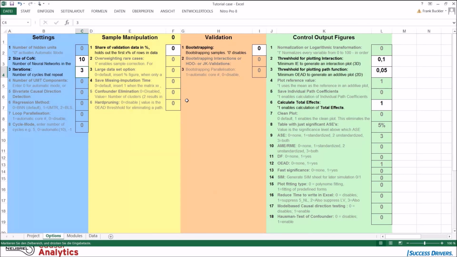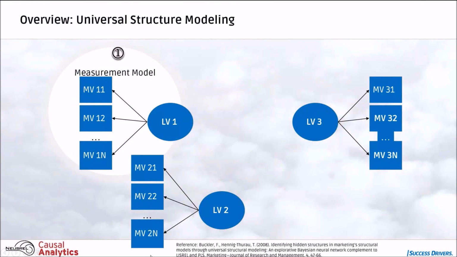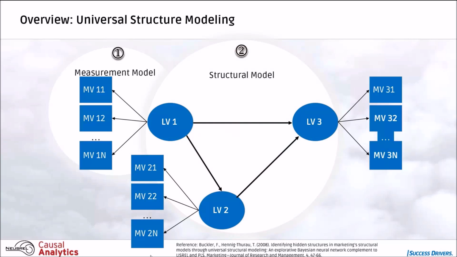Okay, then there is the iteration. Iteration means the following. So this is a structural model. There are latent variables, LV1, LV2, LV3, defined by manifest variables. What you see here are reflective measurement models. These measurement models will compute the latent variables, and out of this we define the structural model.